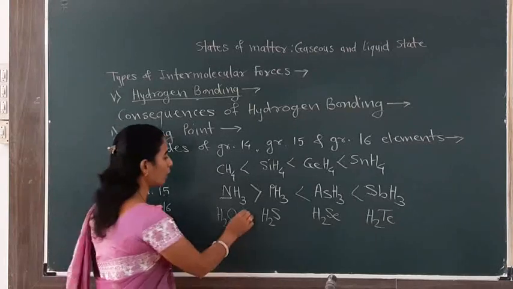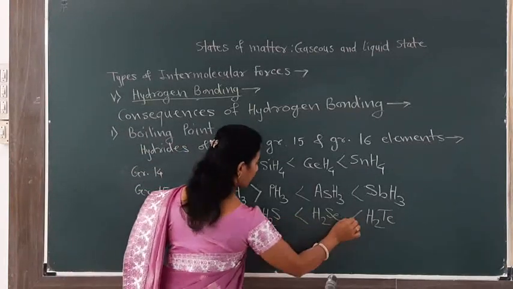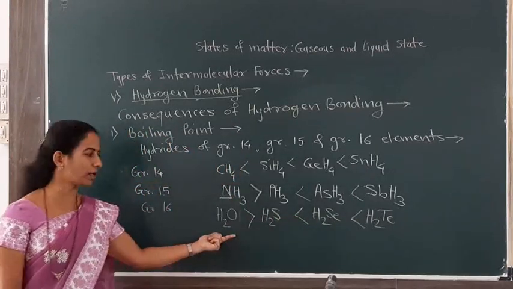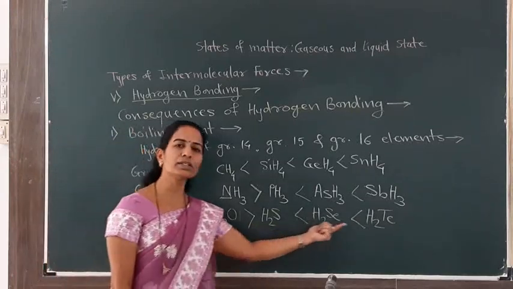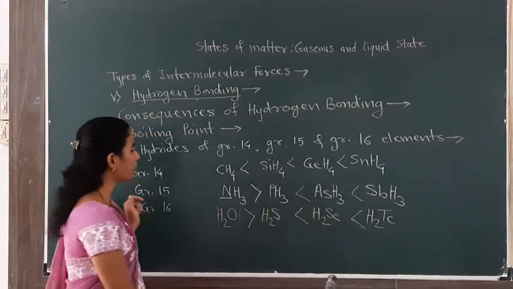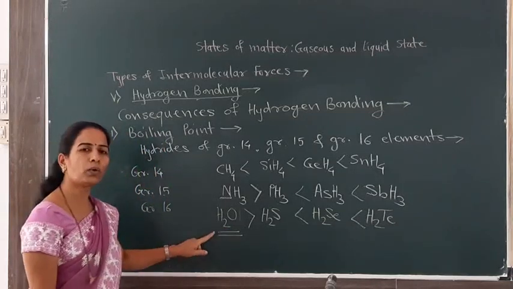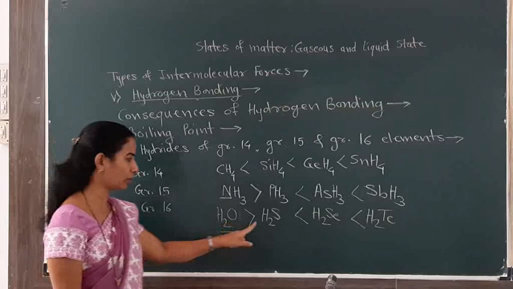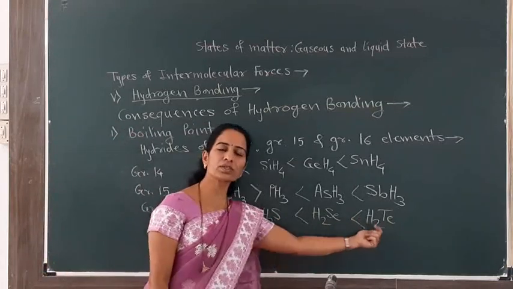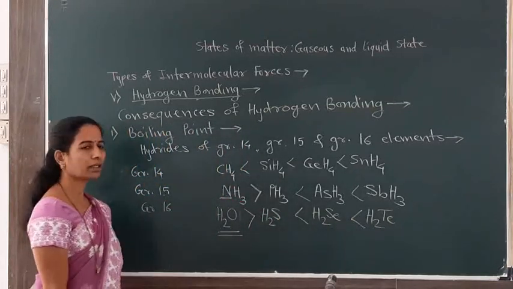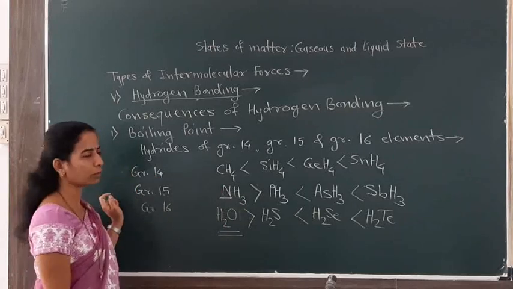Here again you will observe the same trait, that is boiling point of water is greater than these hydrides. This is again due to presence of hydrogen bonding only in water molecule, but there is an absence of hydrogen bond in case of other hydrides of group 16.